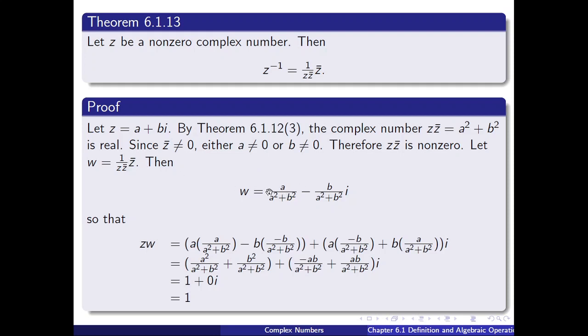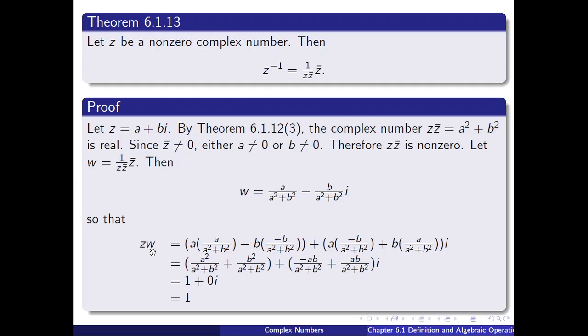So if we do a bit of calculation, we'll see that w will be equal to a over a squared plus b squared minus b over a squared plus b squared i. And what we want is to check that if it gives us 1 when you multiply it with z, then w is indeed the inverse of z, right?